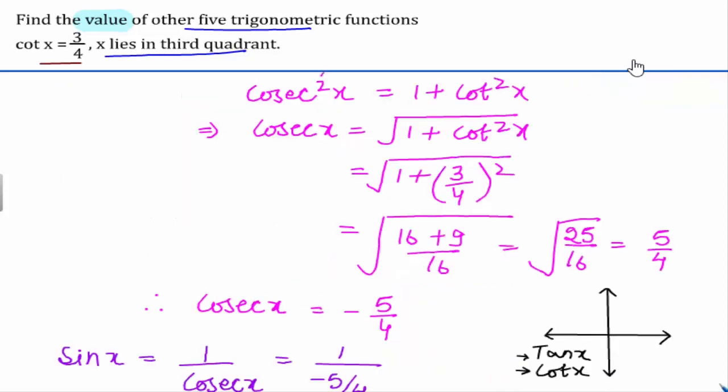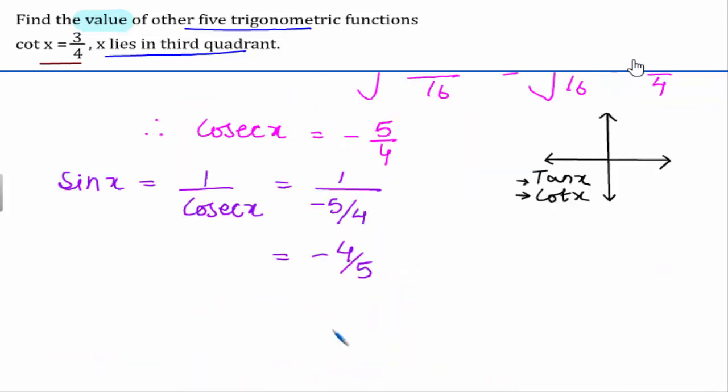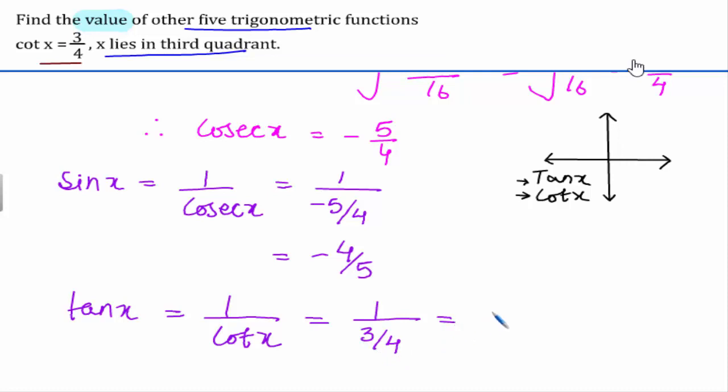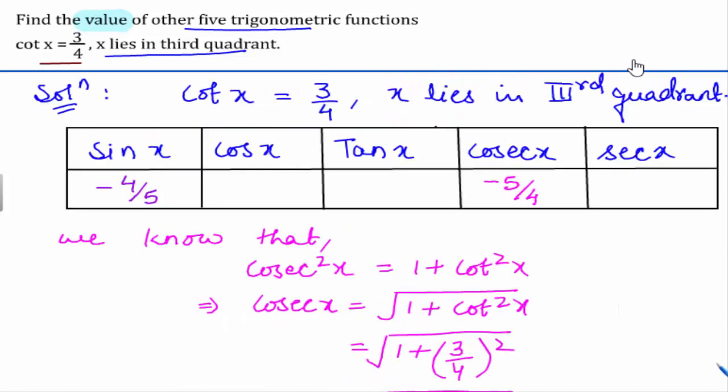Now, let us find the value of tan x. Tan x is the reciprocal of cot x. So, this is equal to 1 upon 3 upon 4. So, this is equal to 4 upon 3. So, the value of tan x is 4 upon 3.